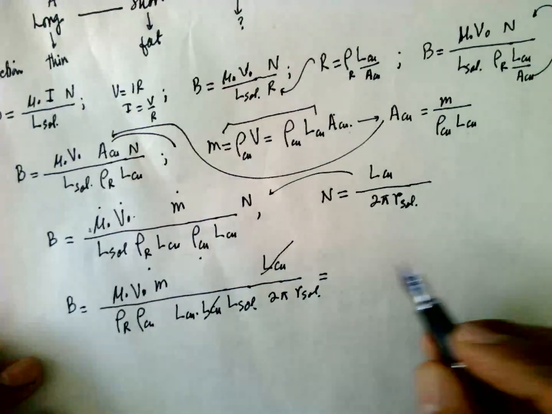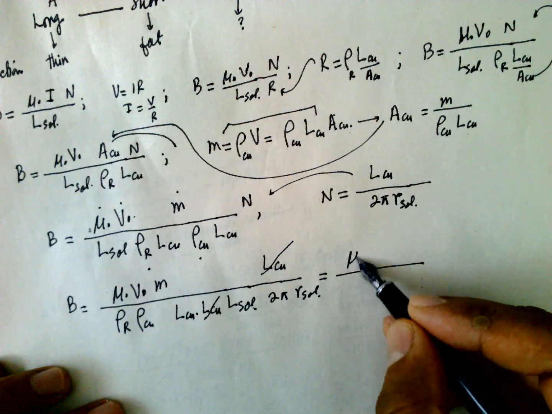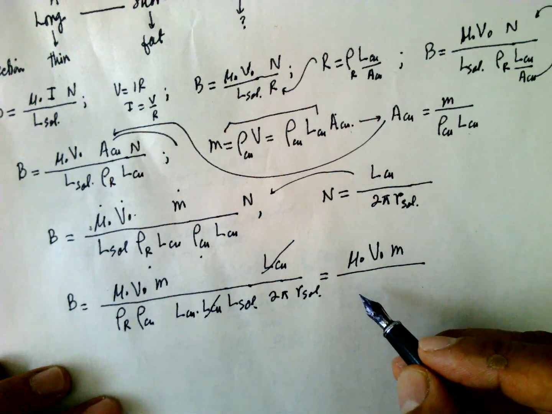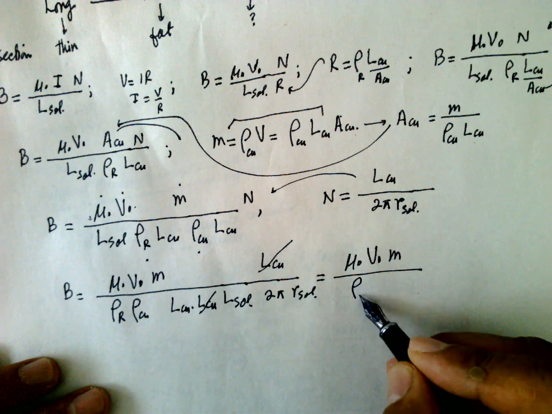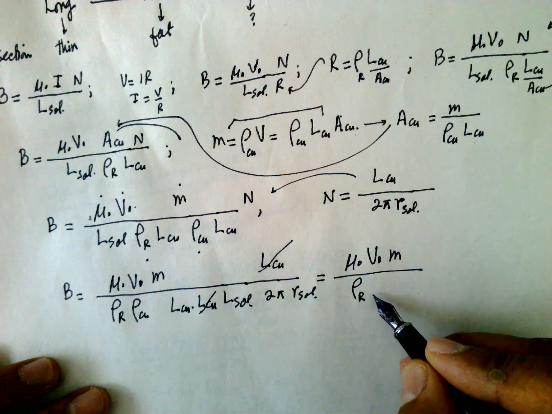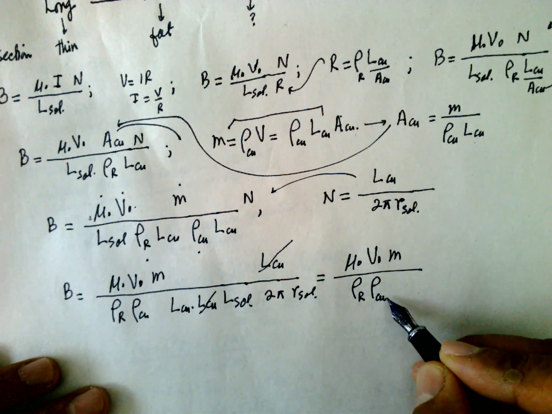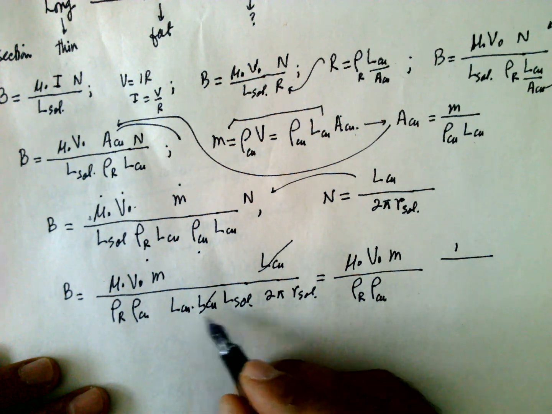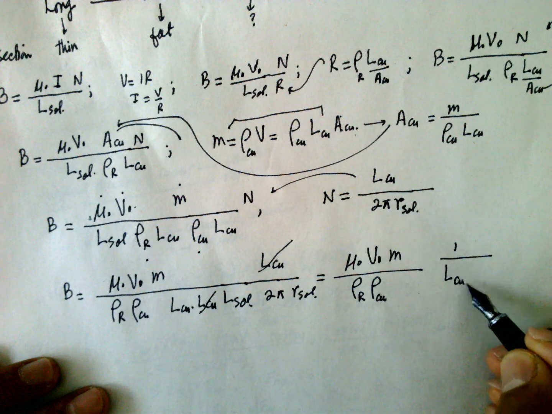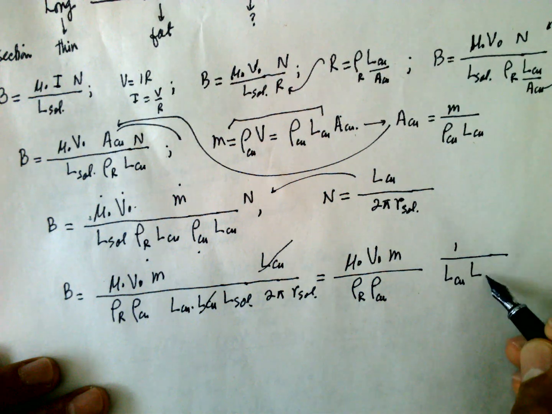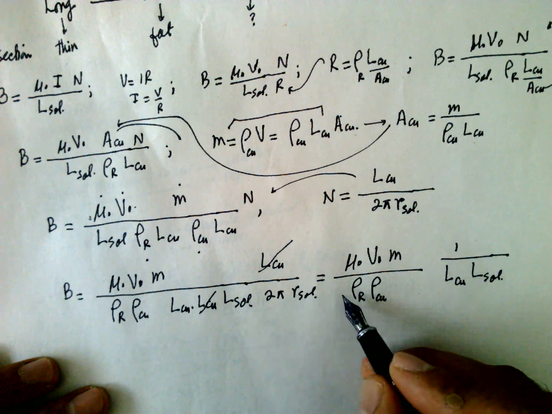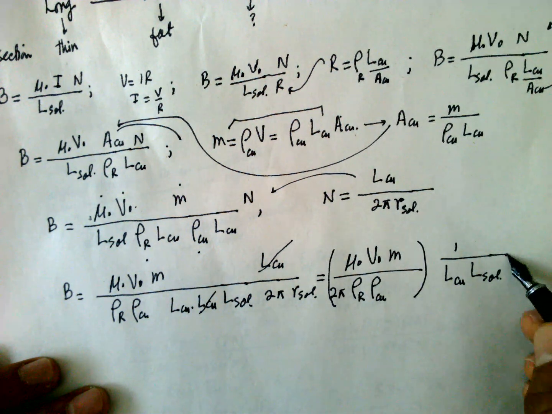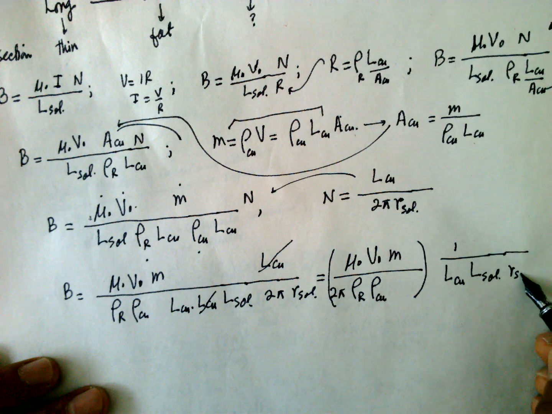Now this is equal to mu naught V naught M over resistivity and mass density, times 1 over L copper, L solenoid, times 2 pi, times R solenoid.